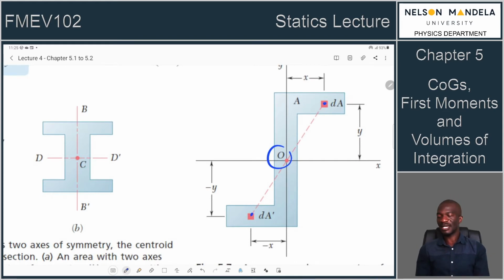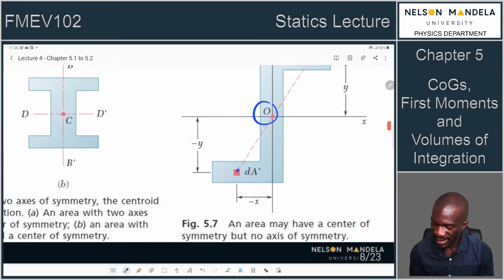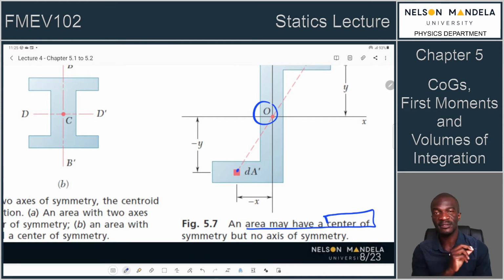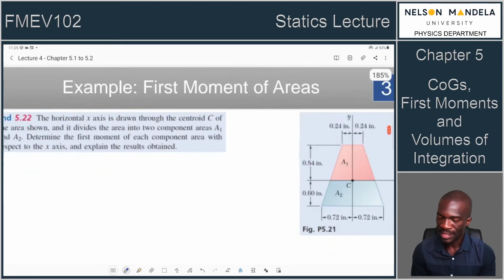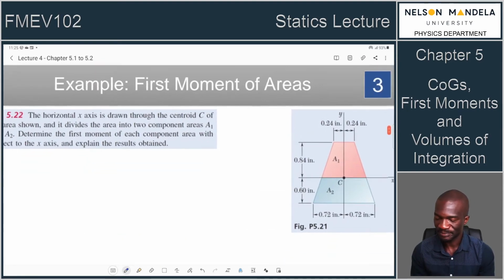But this does not form a line of symmetry. They're just points that are symmetrically separated from each other. So an area may actually have a center of symmetry, but no axis of symmetry. So just be careful with your geometries so that you don't quickly assume that we've got some symmetry.